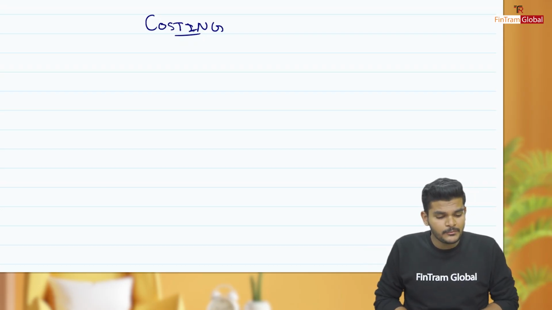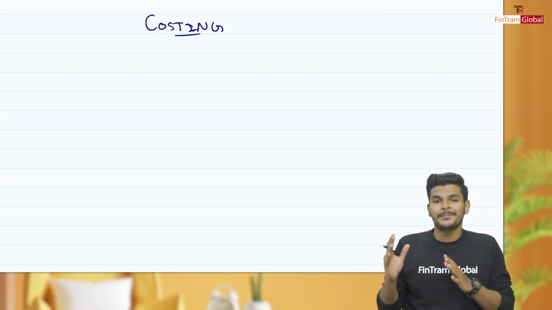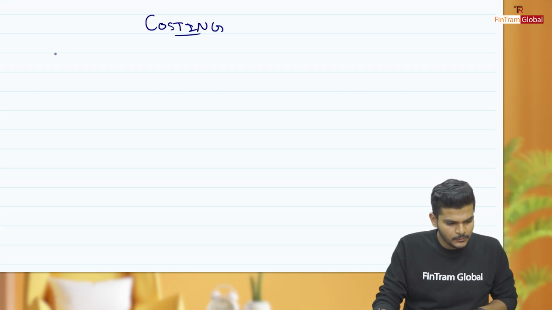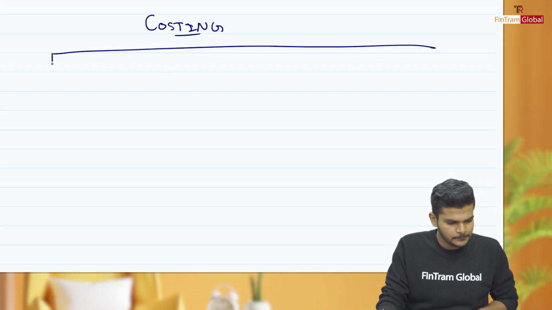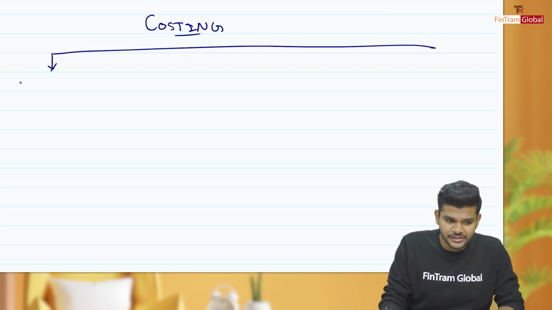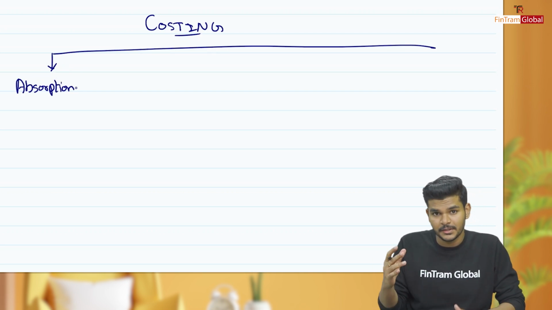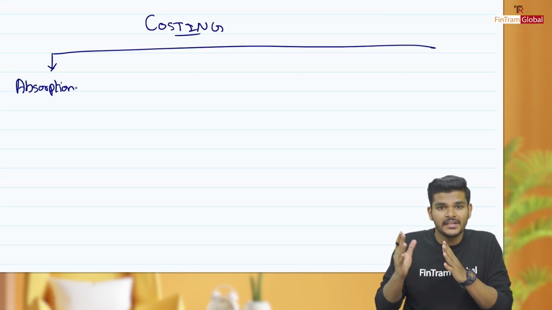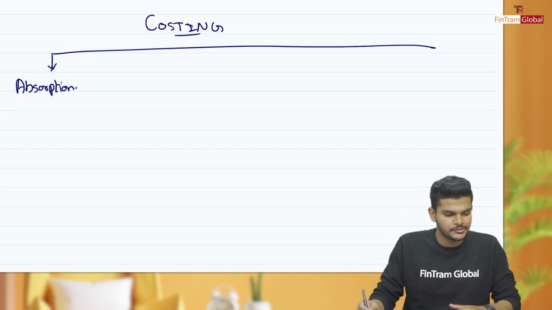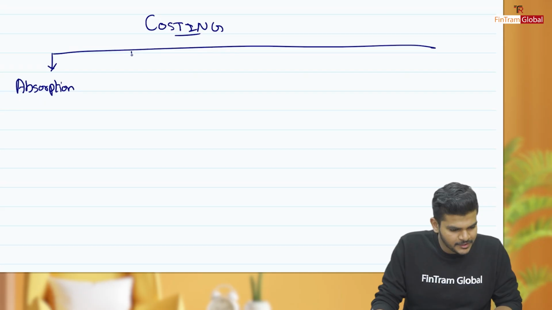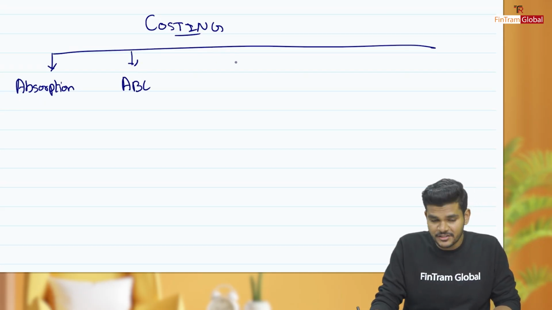And when it comes to costing, we've learned about several methods of costing. So what all methods have we covered? Let's have a look. First of all, there is the traditional method of costing, which is absorption costing. There's of course marginal costing as well, which is kind of similar, but only considers the variable aspect. So that's also something to remember. And then we also looked at ABC, activity-based costing.